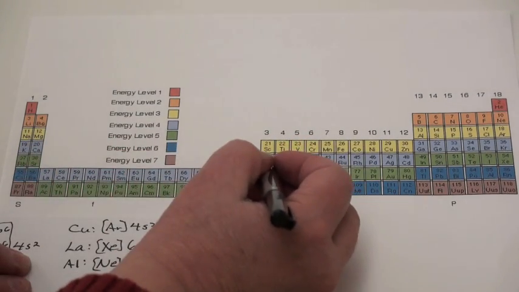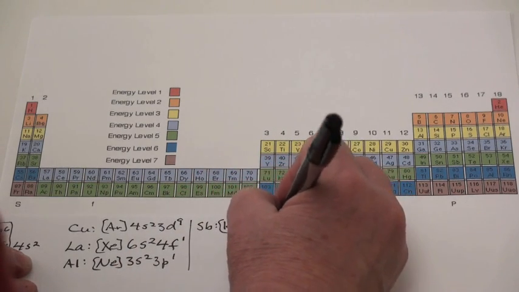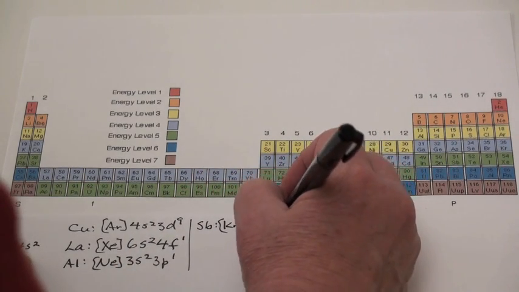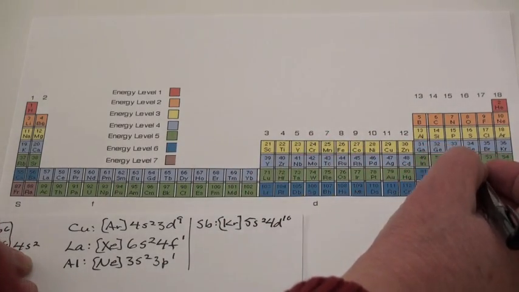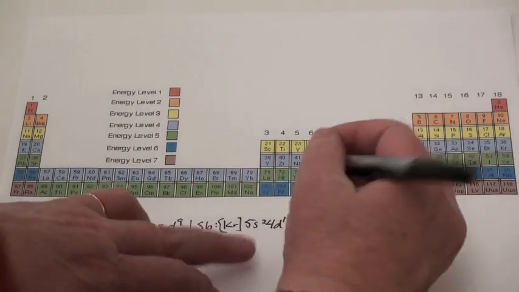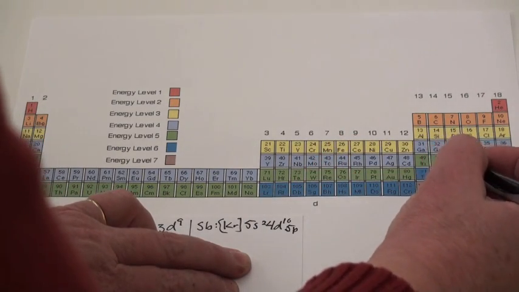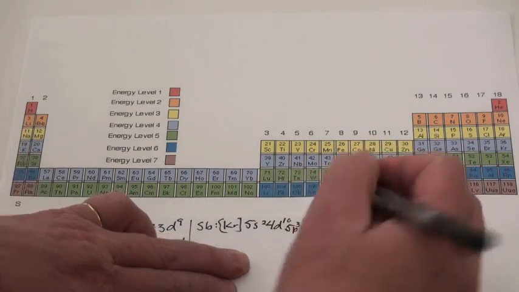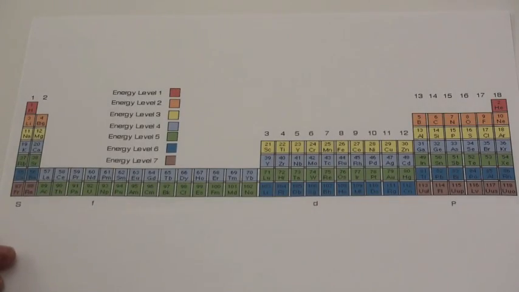After that we go across, we run into the D block, and the color is 4, D10. After 4D10 we run into the P block, and antimony's in there. The color is 5. It's the P block, and we say 1, 2, 3. It's the third one in. So 5P3. Let me do one more, and then hopefully you've got it.